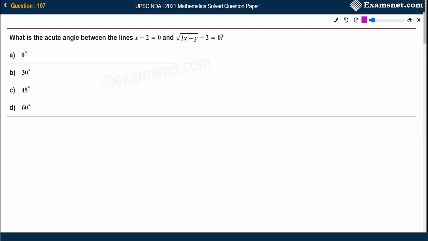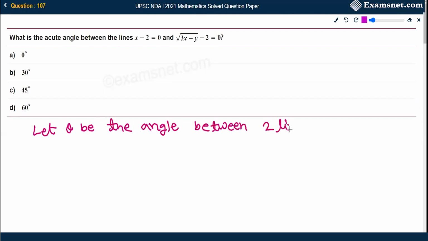In question number 107, it is given: what is the acute angle between the lines x minus 2 and root 3 x minus y minus 2 equals 0? So we know that, let theta be the angle between two lines having slopes m1 and m2.